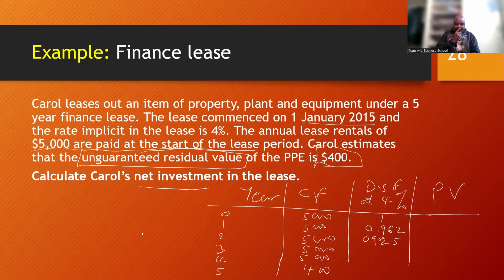For year 3, 0.889. Year 4, 0.855. Year 5, 0.822.